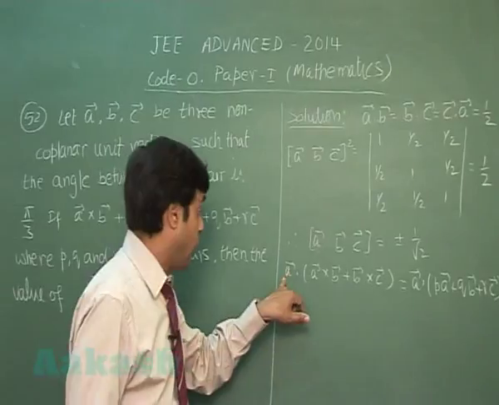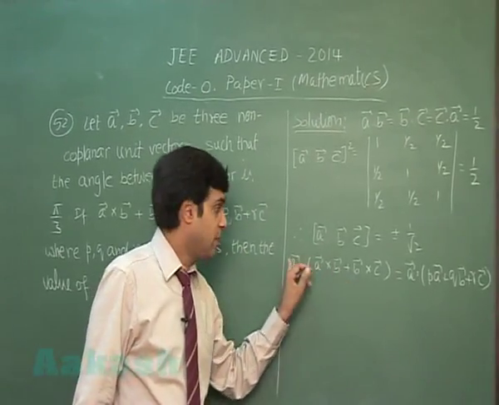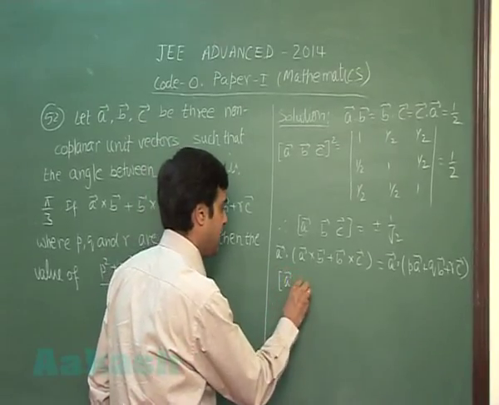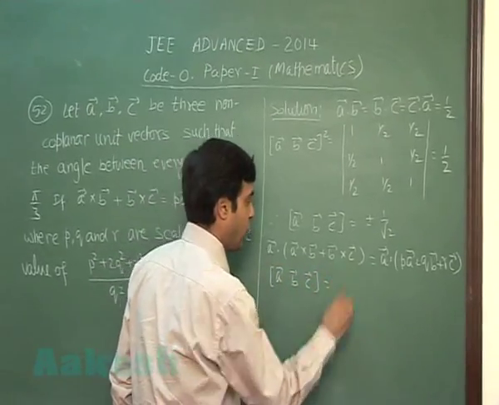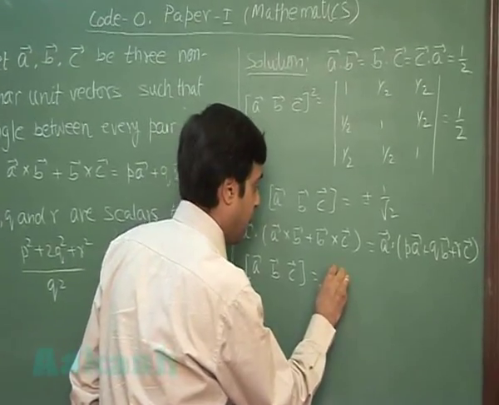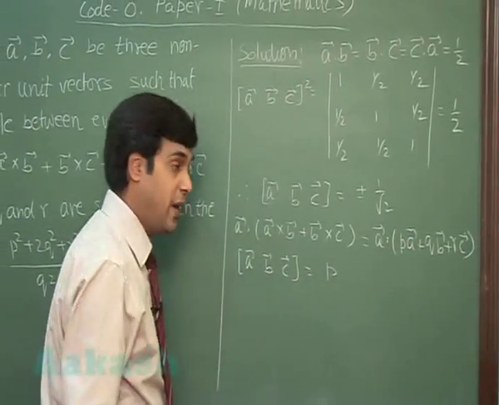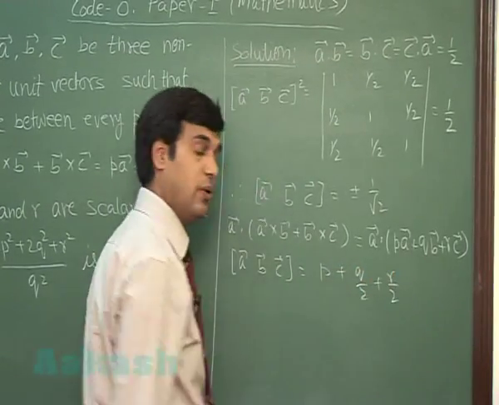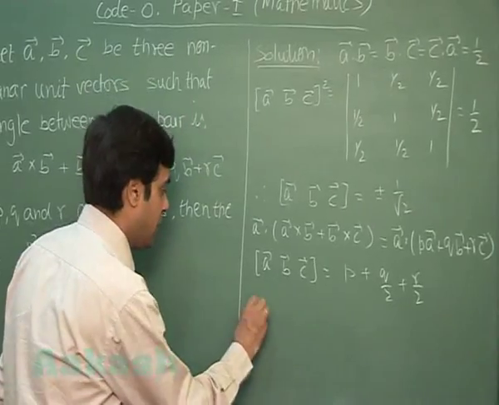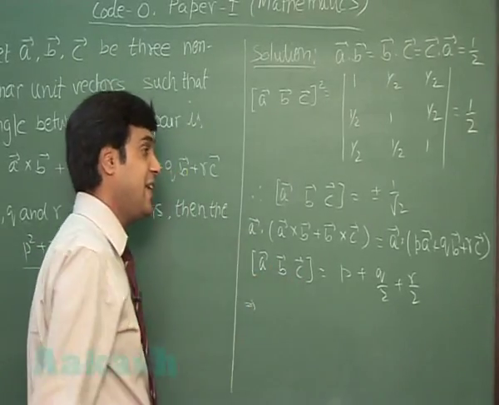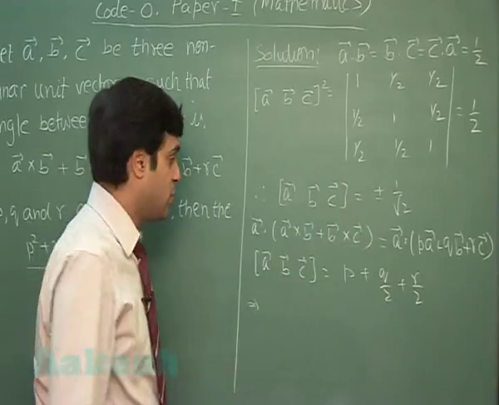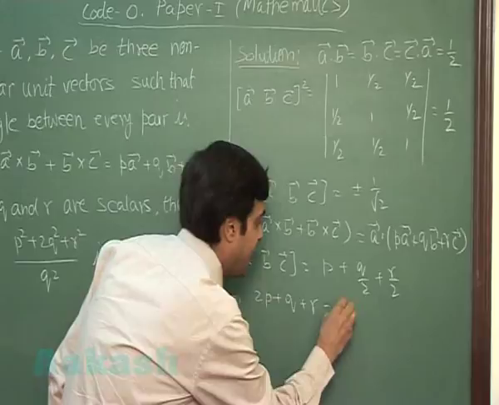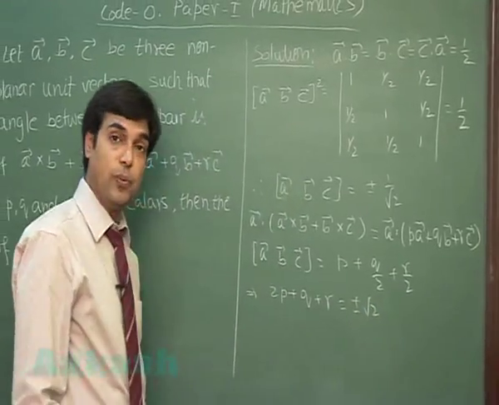Correct? Now, A dot A cross B is 0. This is scalar triple product [A B C]. So we obtain box [A B C] equals P A dot A, that is 1, Q by 2, R by 2. So we obtain one equation. This scalar triple product can be written plus minus 1 by root 2. So we get 2P plus Q plus R equals plus minus root 2.